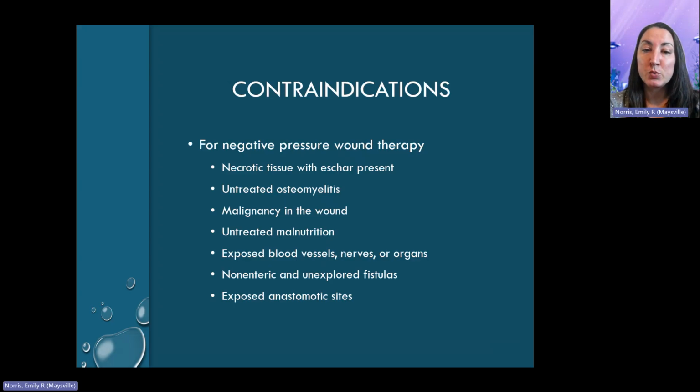For negative pressure wound therapy, some of your contraindications are necrotic tissue with eschar present. So necrotic is dead tissue. Eschar is that thick, hard covering over a wound. Untreated osteomyelitis, that's a bone infection, malignancy, so cancer in the wound, untreated malnutrition, exposed blood vessels, nerves, organs, non-enteric and unexplored fistulas.